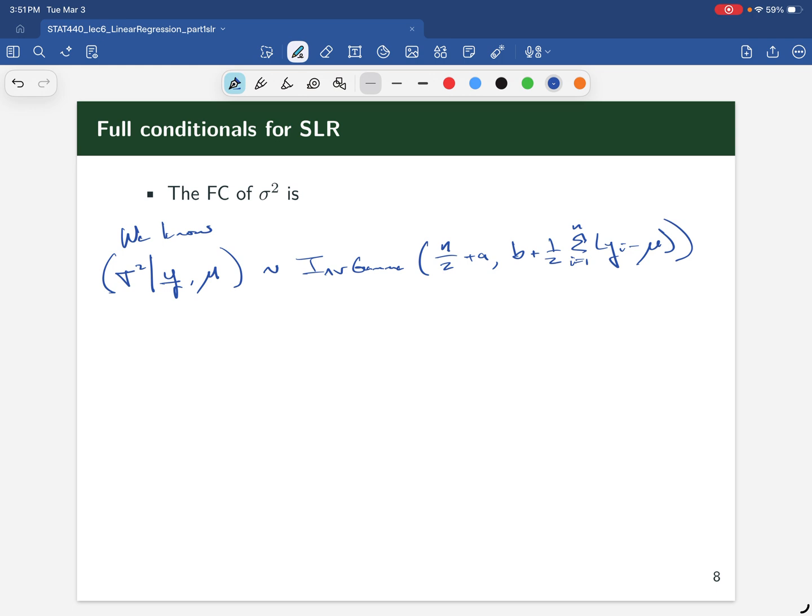Now, I should say, we know this from before. This is the case when we have a constant mean mu.